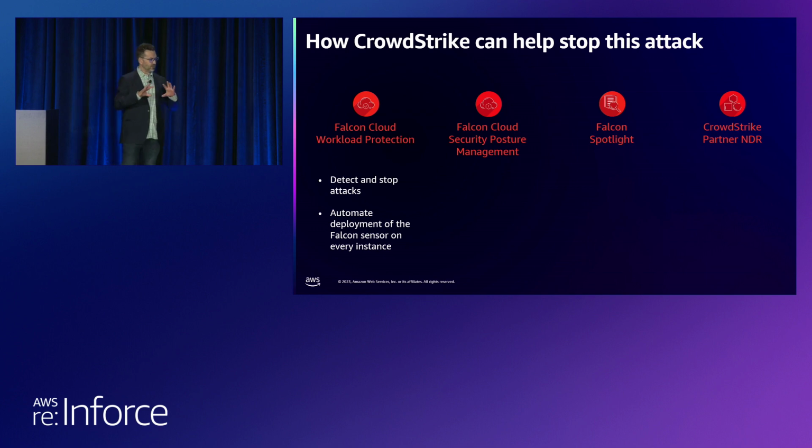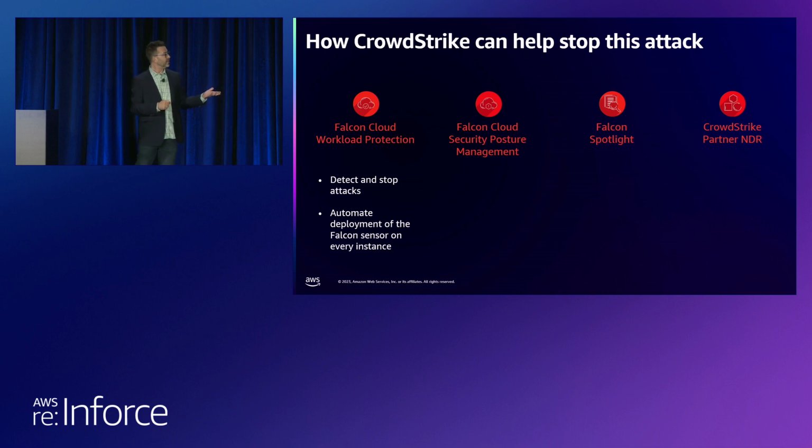So it's really easy to create a policy so that every time a new EC2 instance is launched through an auto-scaling group, or in a container environment, cluster autoscaler or Karpenter, anything like that, SSM will trigger that automation, and the sensor will automatically be deployed, associated with your customer ID, so all of the data from your organization is correlated together.